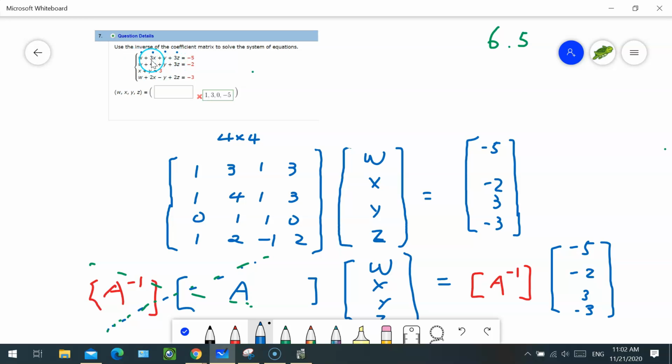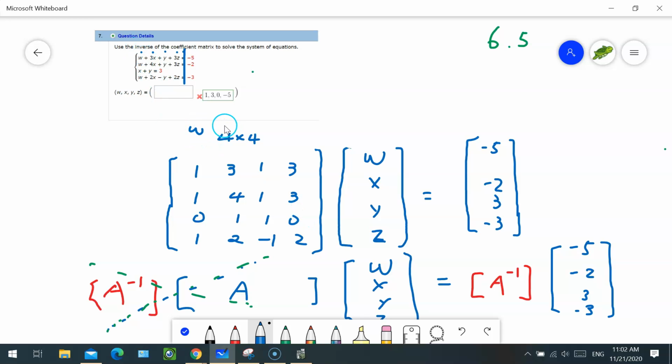The left-hand side of your first equation has the coefficients 1, 3, 1, 3. So I write down 1, 3, 1, 3. The second equation, you have 1, 4, 1, 3. And make sure they come in the same order.